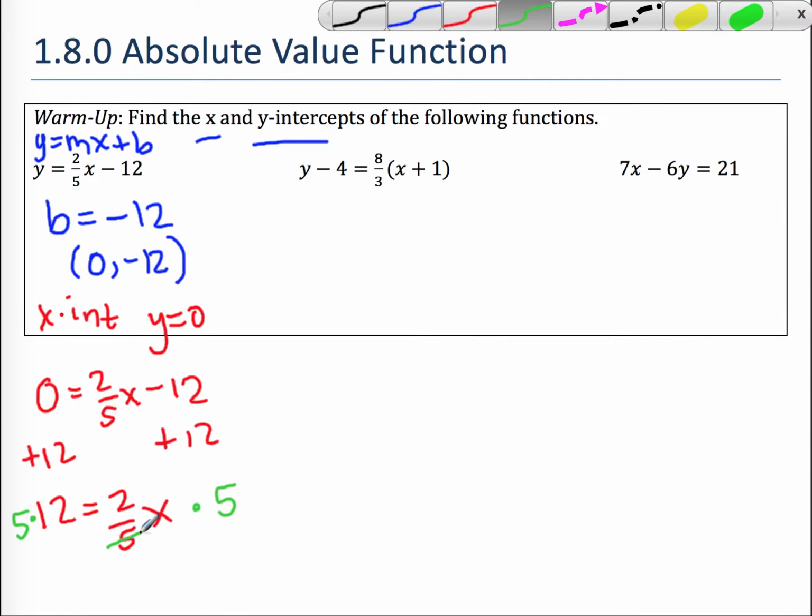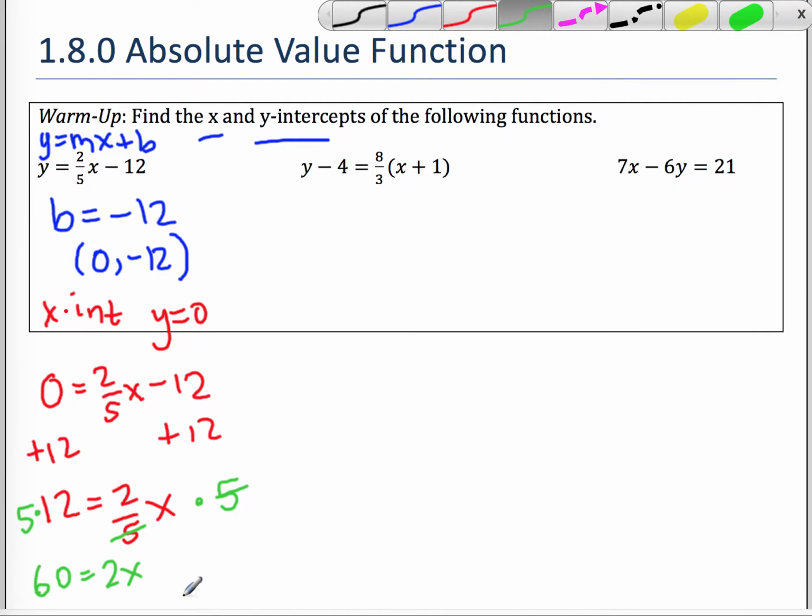So this cancels out with this one. And now 5 times 12, you can use your calculator here, but that is 60 equals 2x. And now we just divide by 2. So 30 is x. And if you wrote that as a coordinate point, our x-intercept would be 30, comma, 0.